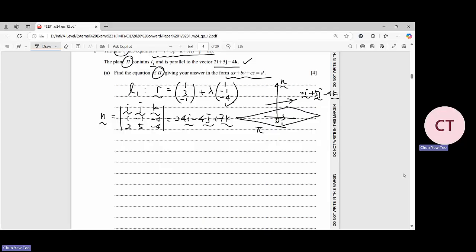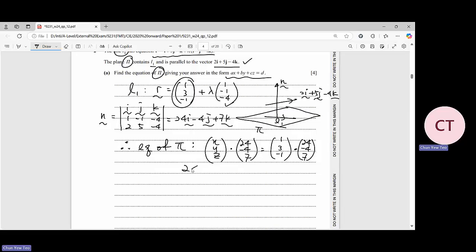Okay. Since you have found the normal vector of the plane pi, you can find the equation of pi. So this is x, y, z. This is the normal vector, 24, -4, and 7. Because the plane pi contains line 1, I will use the position vector of line 1 here.